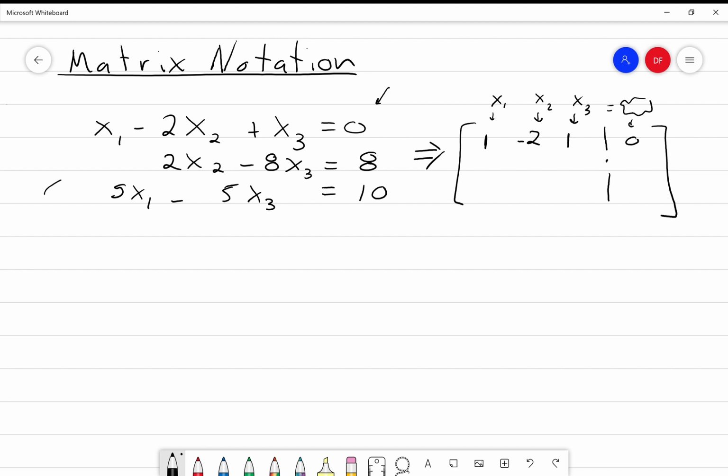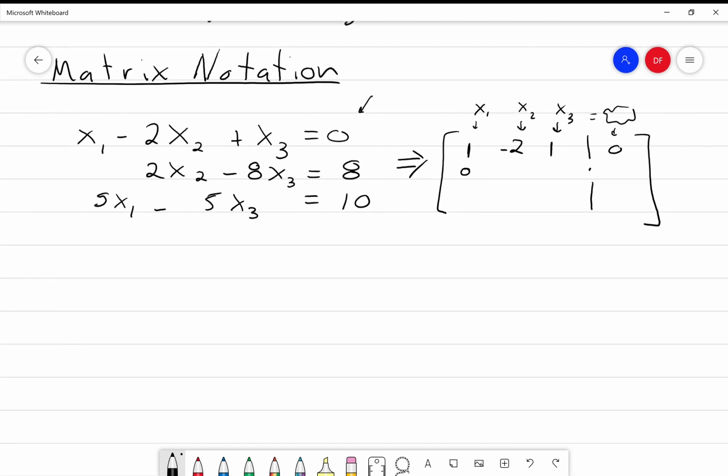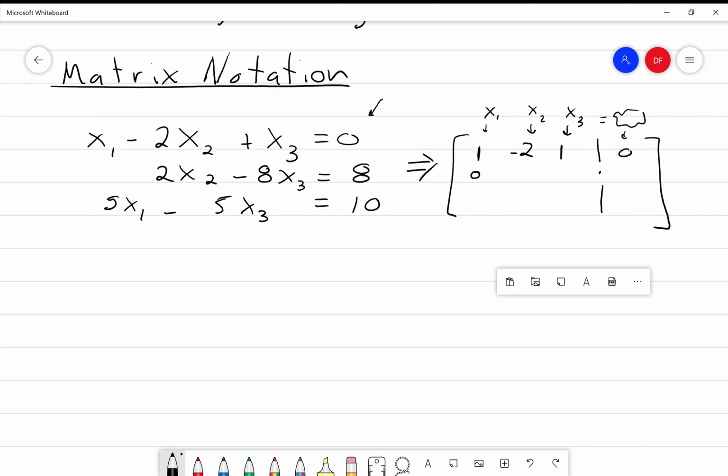And then here, in this equation, I have 0 in front of x1 because I have 0x1 plus 2x2 and so on. So I'll have a 0 for x1. I'll have a 2 for x2, negative 8 for x3, and 8 here. And then I will have 5, 0, negative 5, 10. Okay.